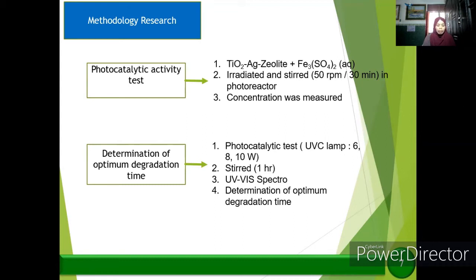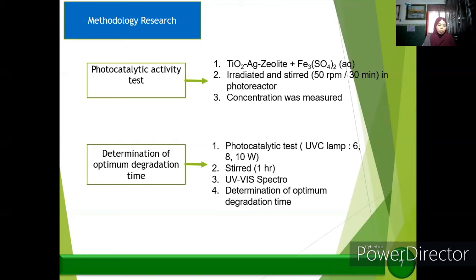The photocatalytic test for the degradation of iron sulfate with TiO2 silver zeolite was carried out with 3 variations of UVC lamp, namely 6, 8, and 10 watt. TiO2 silver zeolite as much as the desired variations was added to 100 milliliters of iron sulfate solution with a concentration of 20 ppm.